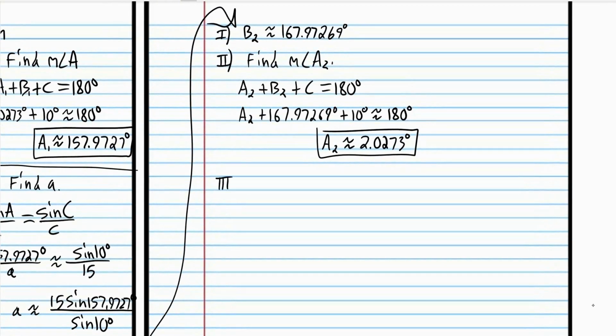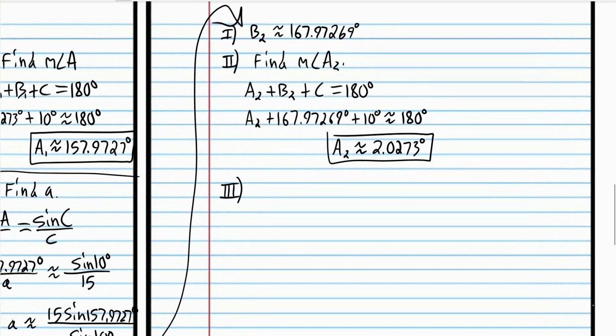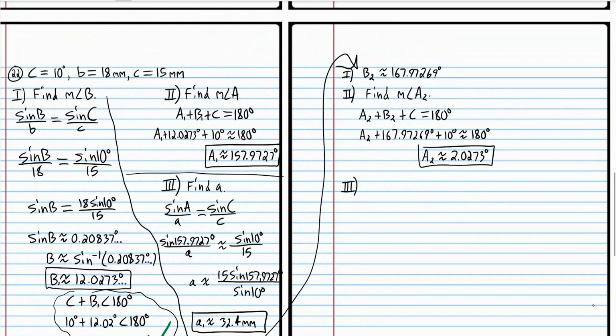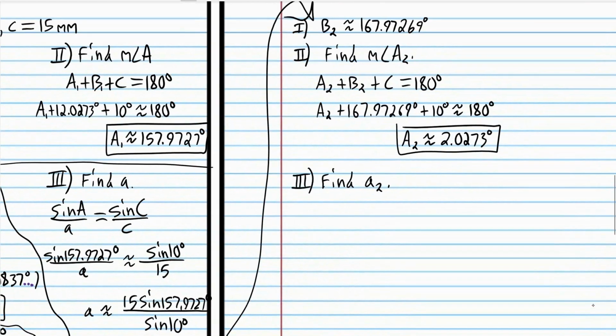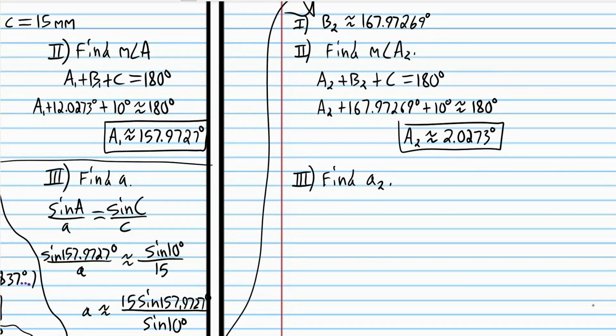And now we just need to find the side length, which we'll call lowercase a2. Find a2. So we're going to use the law of sines, and we're going to plug in A2 and sine C over c.